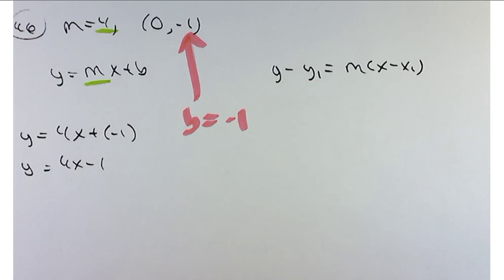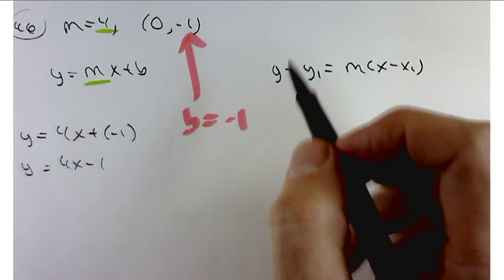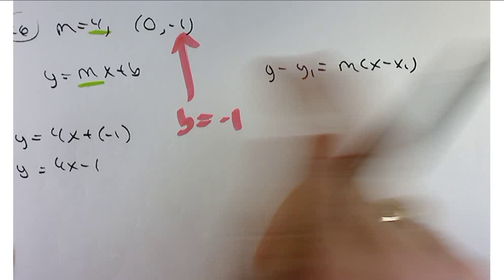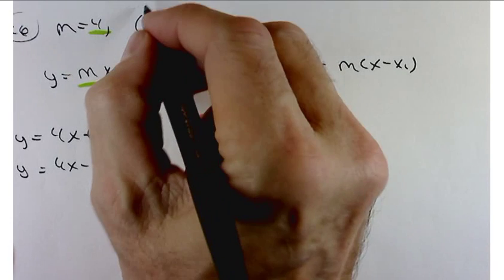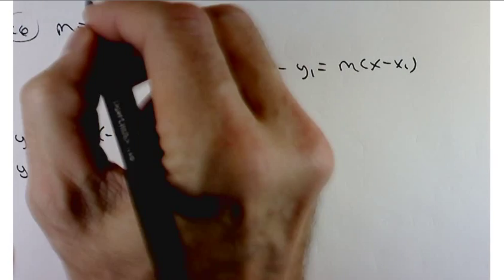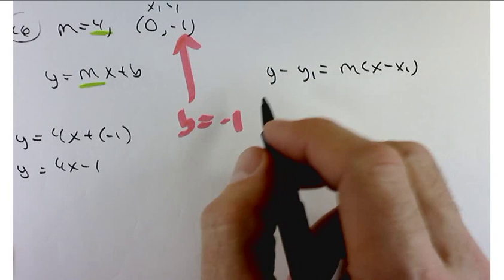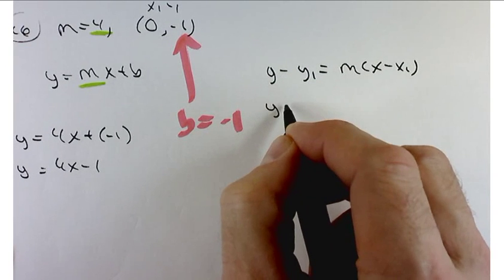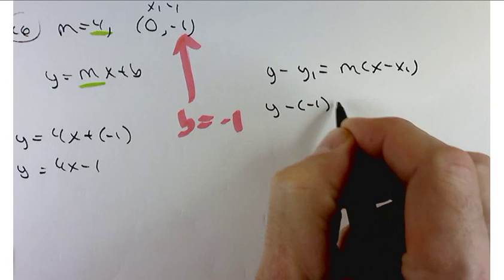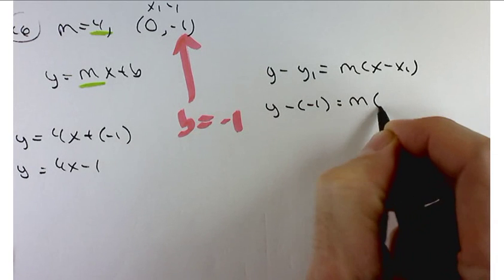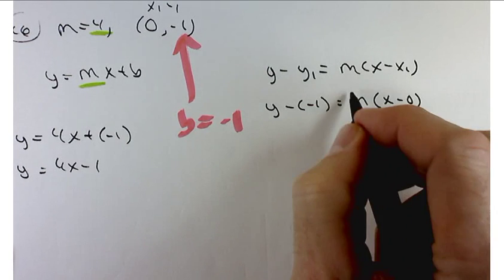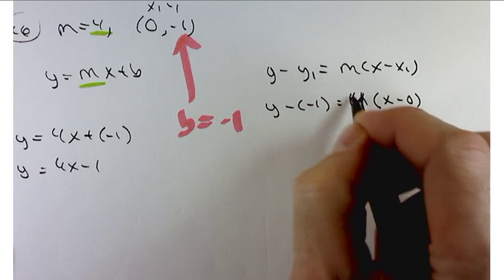Now just a little warm-up for section 3.6. If you regard this as x1, y1, then I can plug things into here and again find the same equation. So it'd be y minus negative 1 equals 4 times x minus 0.